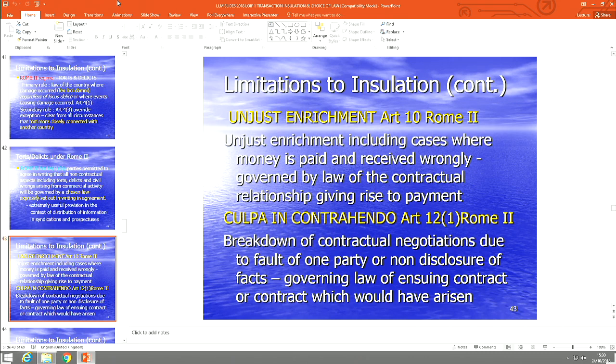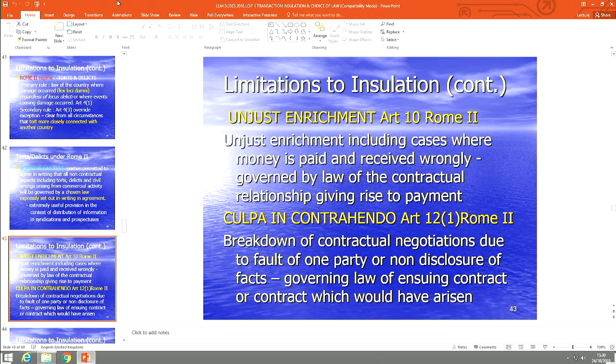So we've got something else that's now come into place to control what happens before a transaction is signed, sealed, and delivered. That means that if you've got a New York law-controlled agreement or an English law-controlled agreement intended to be signed under English law or New York law, and the negotiations break down, under the EU rule, you look to work out which law would have controlled.